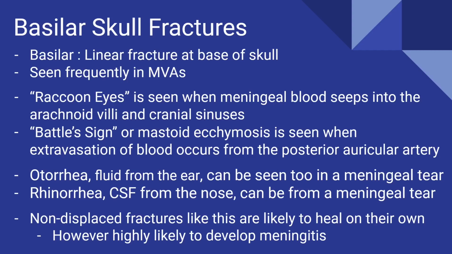You'll also see otorrhea, so you can sometimes have tears in that layer of CSF, causing CSF to leak out. So you can get otorrhea, and then you can have rhinorrhea, where you have CSF running from the nose.